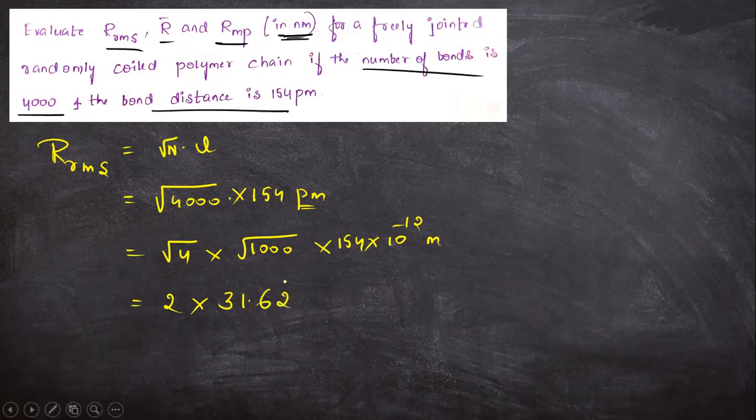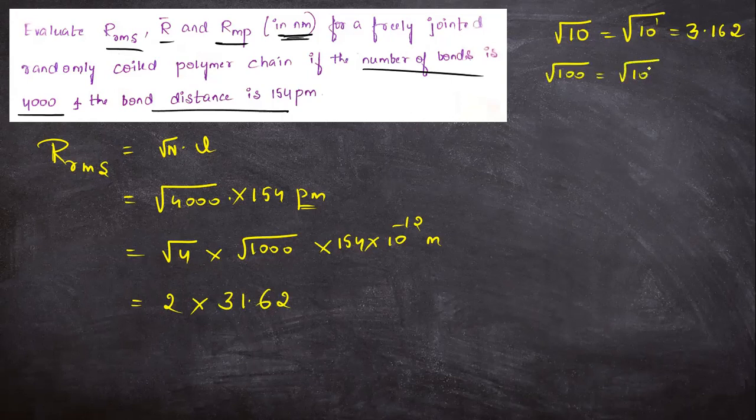And let me give you the trick to remember such things. Always keep in mind the value of root 10. You can write it as 10 raised to 1. Root 10 value will be 3.162. We know the root 100 value.